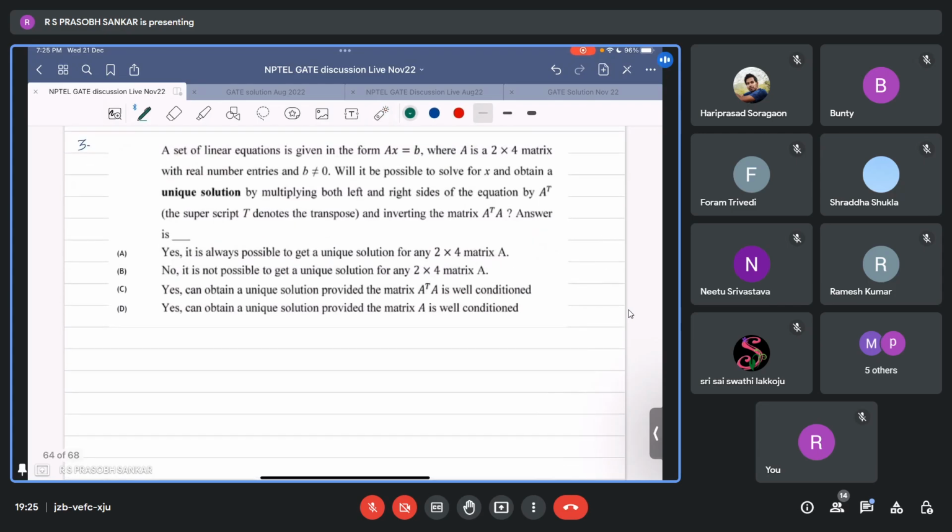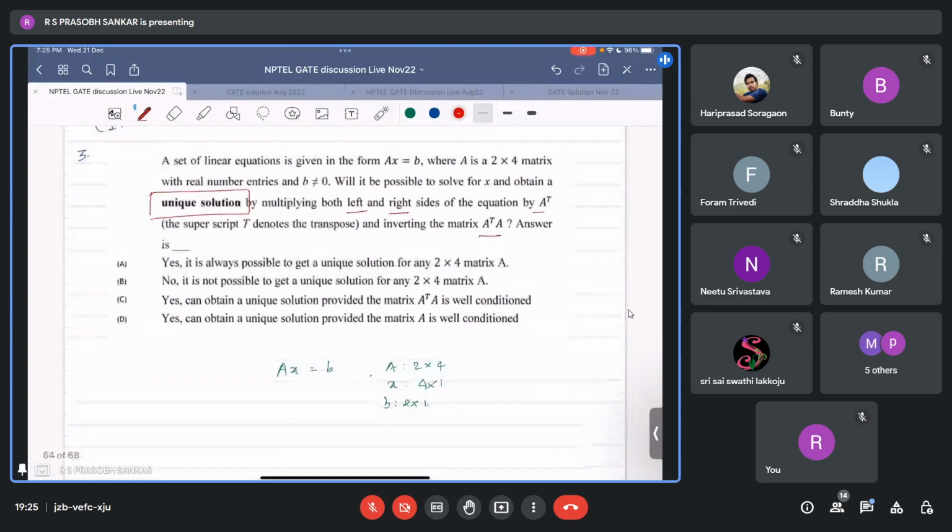What it says is that we have a system of equations Ax = b, and A is 2 cross 4. So naturally x will be 4 cross 1 and b will be 2 cross 1. Is it possible to get a unique solution by multiplying both sides by A transpose and then inverting the matrix A transpose A?